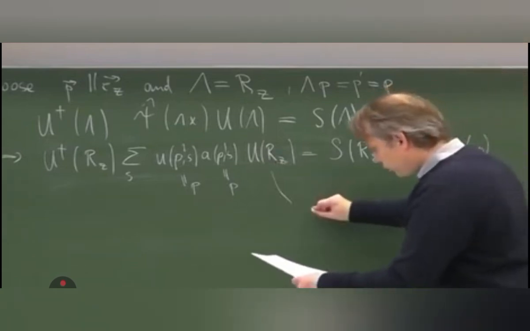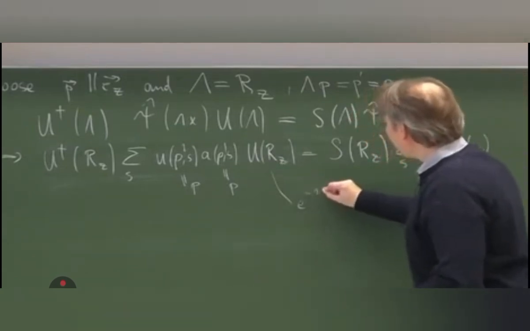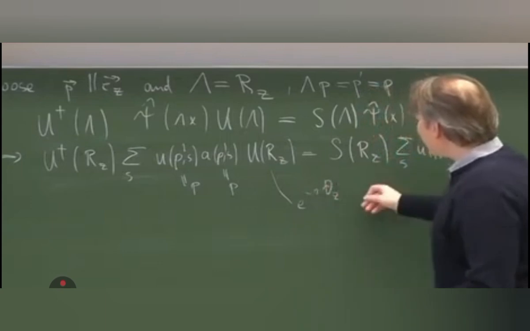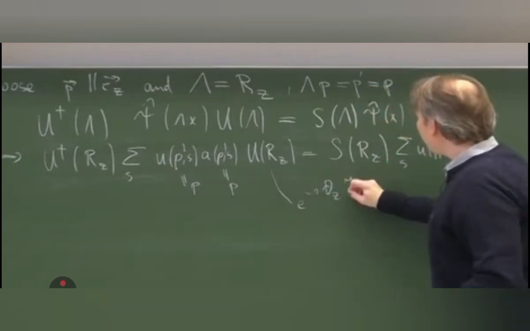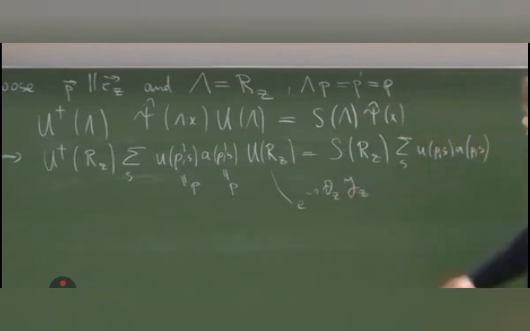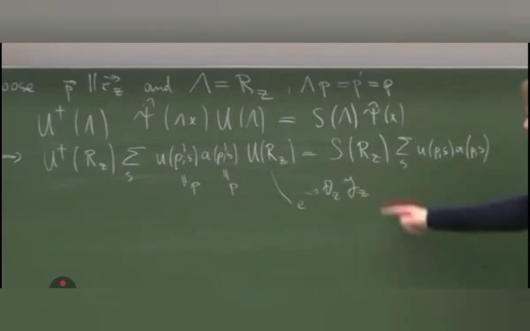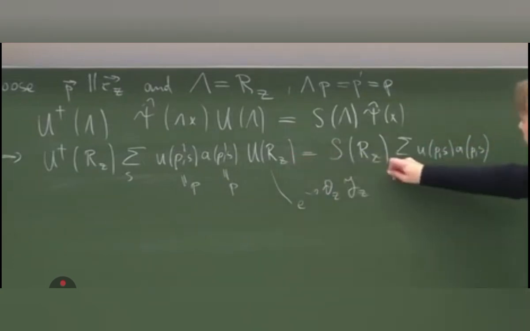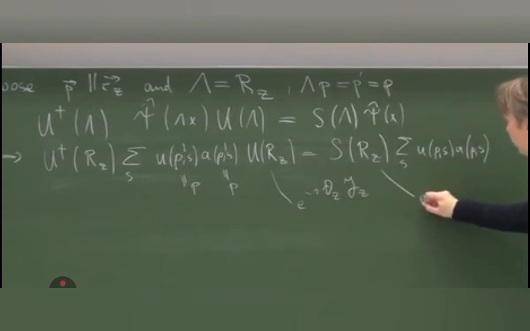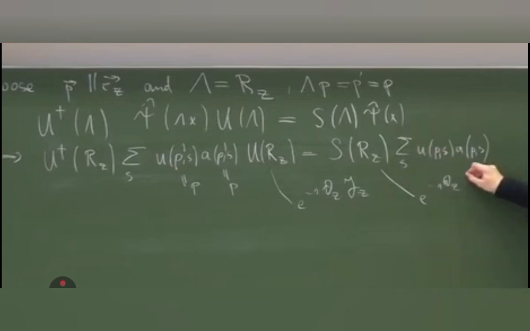That is actually e to the minus i some angle theta z times our representation operator Jz for angular momentum in the z direction. And this S is e to the minus i theta, the same theta angle, times our Sz 4x4 matrix.